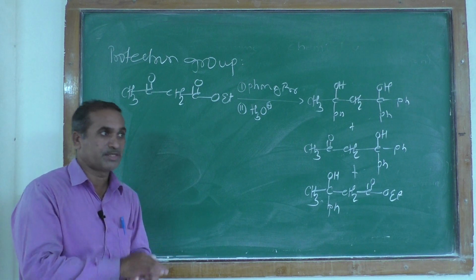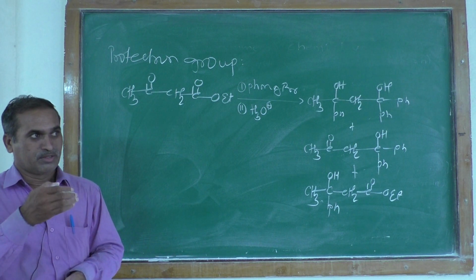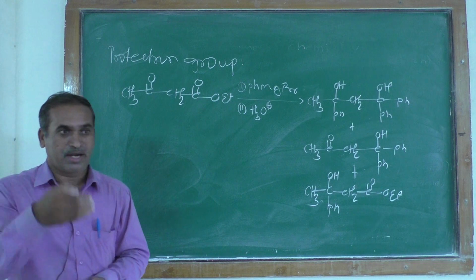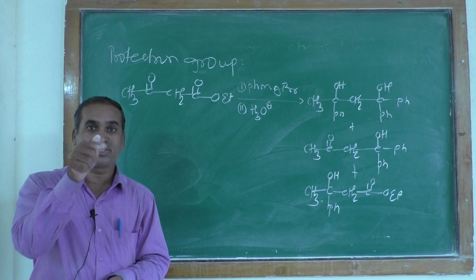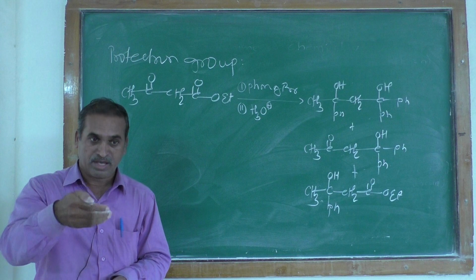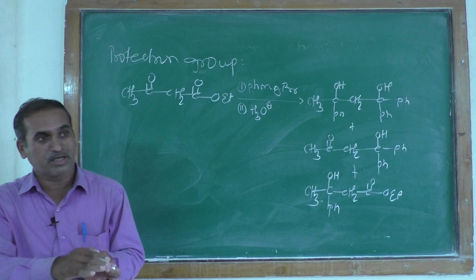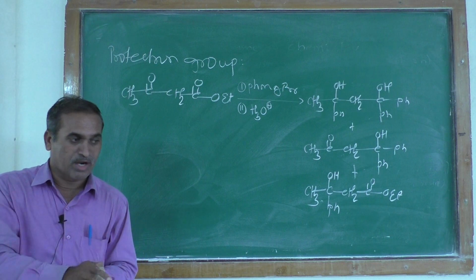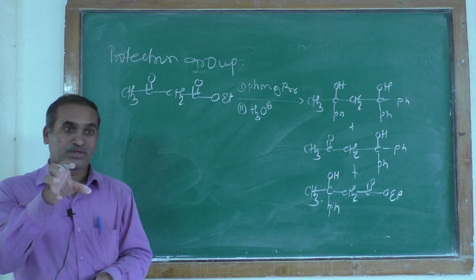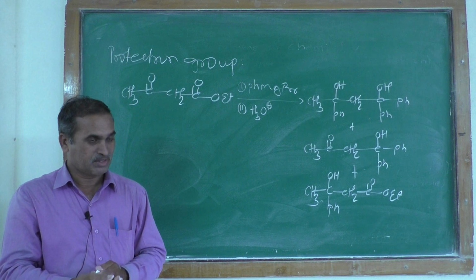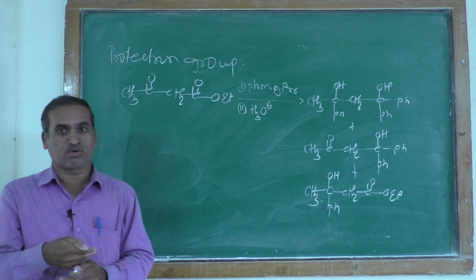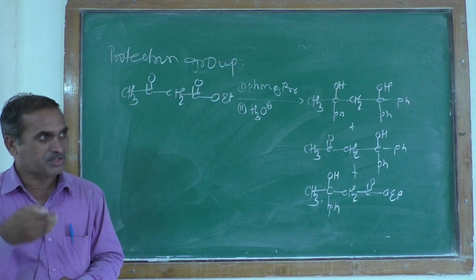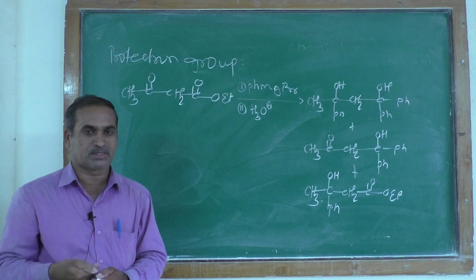And protection and deprotection: when protections are carried out, one extra additional step is added there, and while removing, one extra step is required to deprotect it, and therefore a lot of pollution, or what we can call additional reagent chemicals, are required.